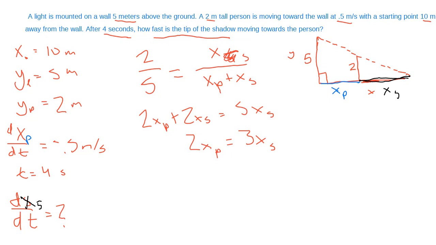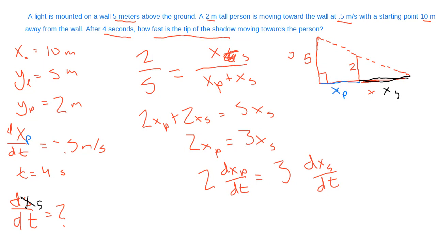So we can say that 2 dxp over dt equals 3 dxs over dt. We do have an xp, and we don't have an xs, but we are looking for how xs changes. So we can start plugging stuff in like we normally would.